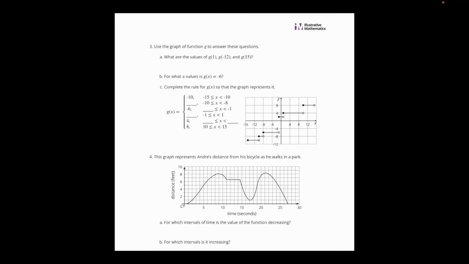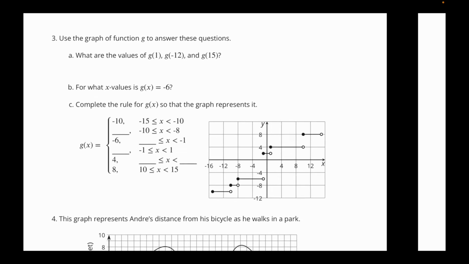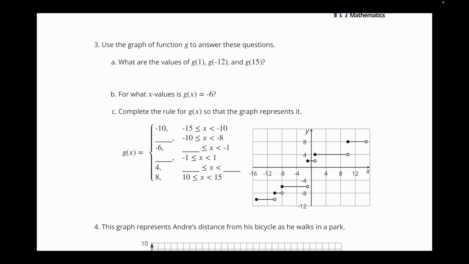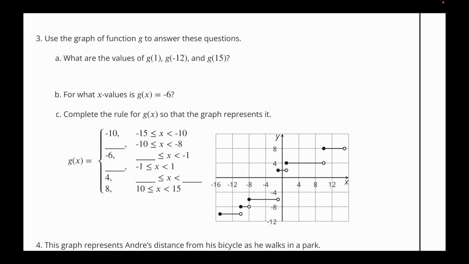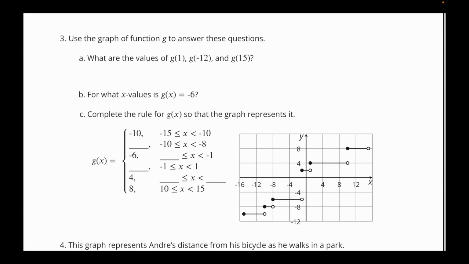So for this next problem, we are using the graph of a function to answer these questions. So the graph we have down here, we want to find what are some of these values. So what are the values of g of 1, g of negative 12, and g of 15? So let's find those. I'm going to do this with highlighter.